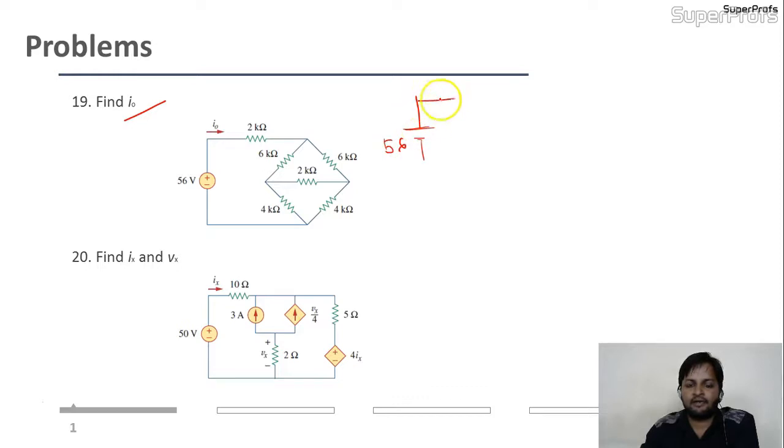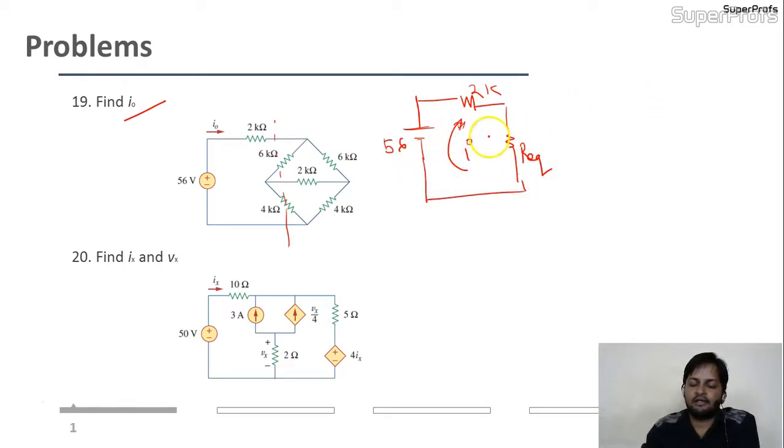56 volt is there. Okay, fine. This is 2K is there, and instead of this whole circuit, suppose you are having the equivalent of this circuit, R equivalent. So it becomes very easy to find out I by Ohm's law. I is nothing but V by R, and R is nothing but 2K plus R equivalent.